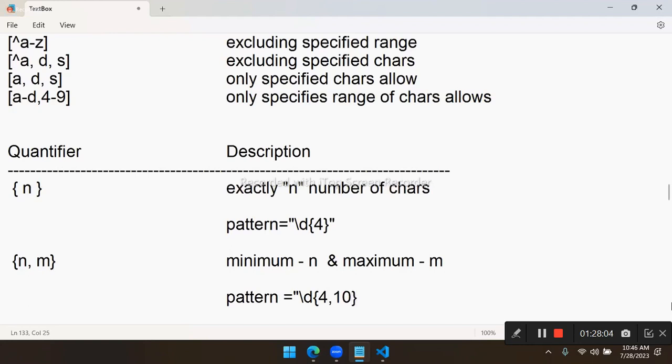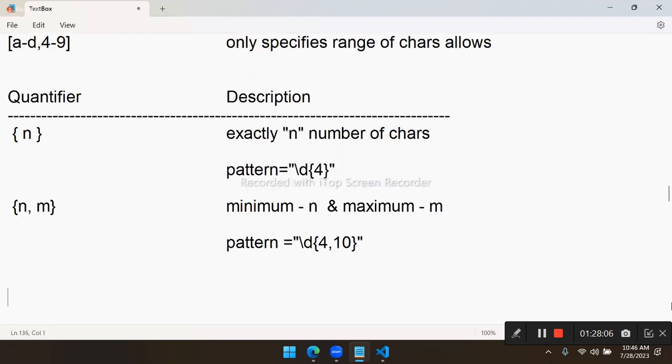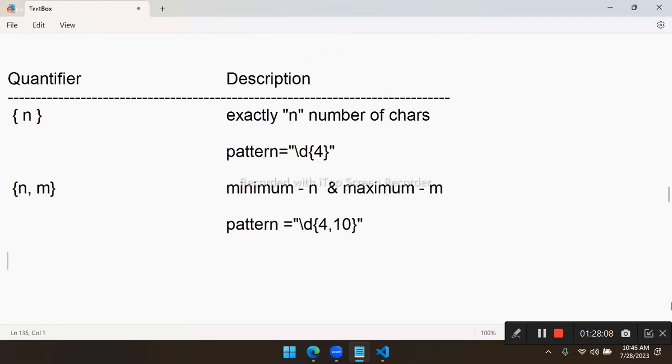What does that mean? 4 to 10 characters. That means it can be a 4 to 10 digit number. So it indicates minimum n, maximum m. Minimum 4, maximum 10. That means it should be between 4 to 10 only. You cannot have less than 4. You cannot have greater than 10. Here 4 means exactly 4, not less than 4, not greater than 4.